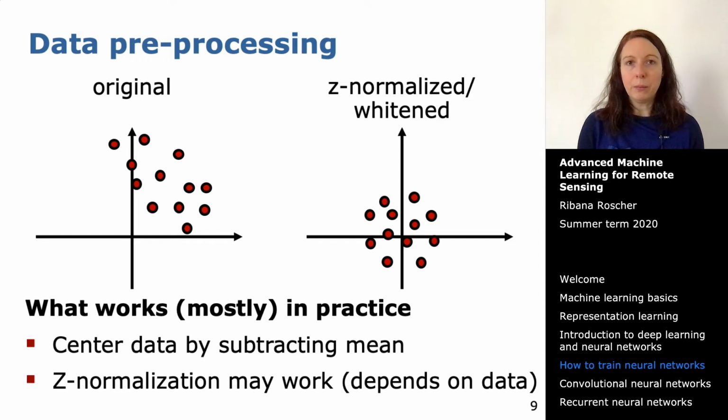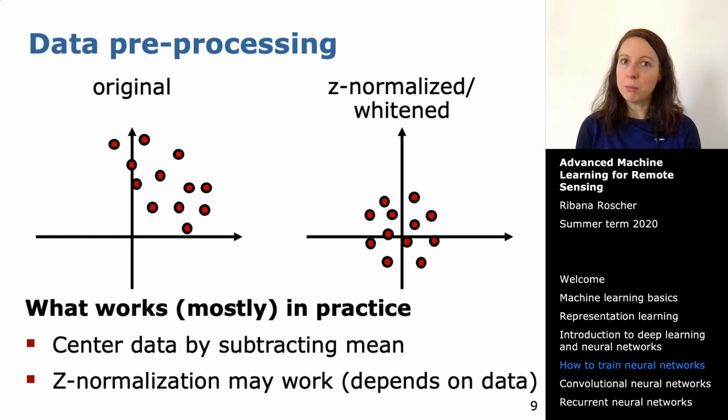For example, when you have a hyperspectral signature with values in the red channel and values in the near infrared channel, and you divide them by the standard deviation, the relation between red and near infrared will get lost. So you cannot tell anything anymore about the health status of the plant.